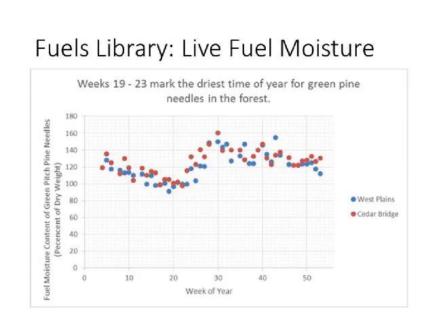Another thing that we've already looked at a little bit is live fuel moisture, and that varies quite a bit seasonally in pine. These are 2 different sites that we looked at in the Pine Barrens, and you can see that around week 20, which is just about the end of April, early May, we hit the annual low point for fuel moisture, whereas around week 30, we're up at about 160%, so the pine foliage has almost twice the moisture in it at that point of year.